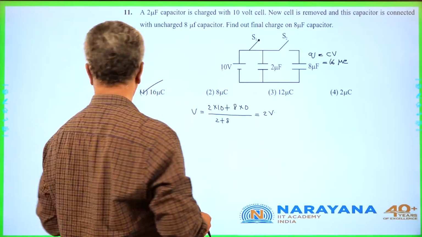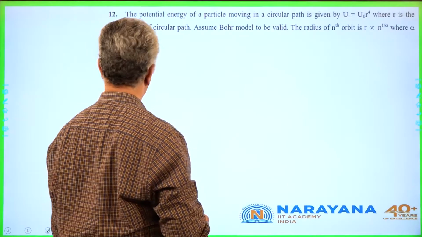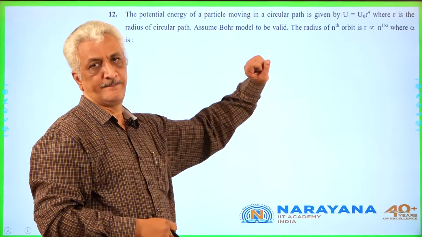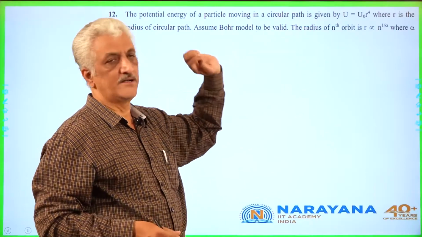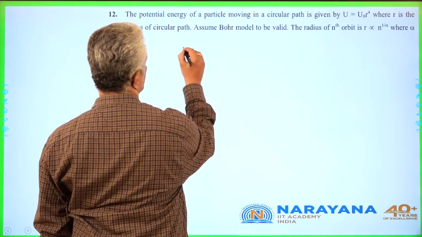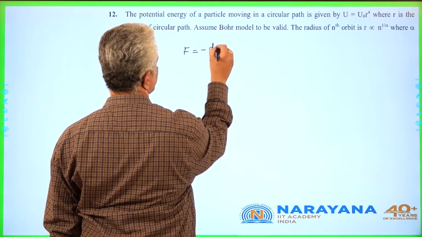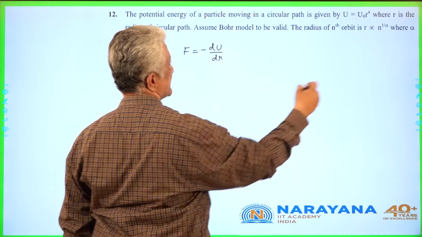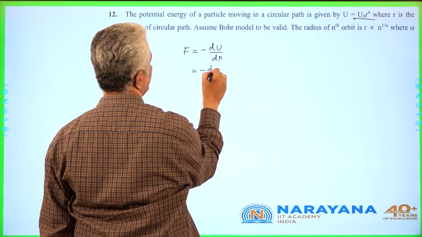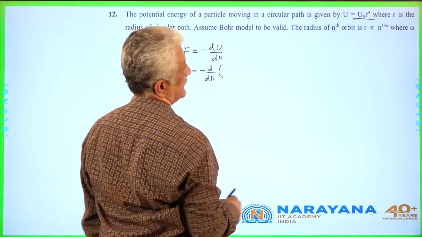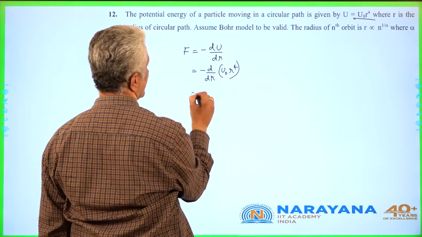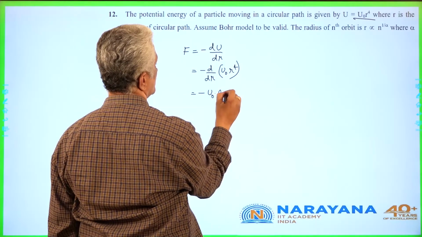That is 11th question. Next, 12th one. The 12th one is somewhat an atomic physics topic, somewhat integration method, and what we require here is differentiation. Generally, when potential energy is given like this, force is nothing but minus dU by dr, because it is a function of r. That becomes minus d by dr of U naught into r power 4, which is minus U naught into 4 r cube.